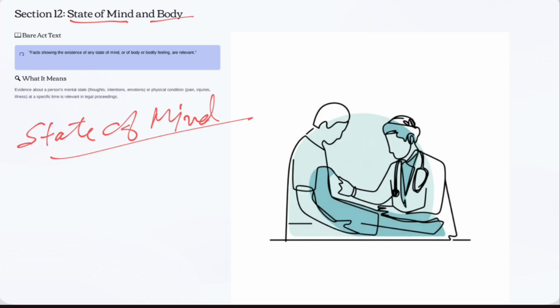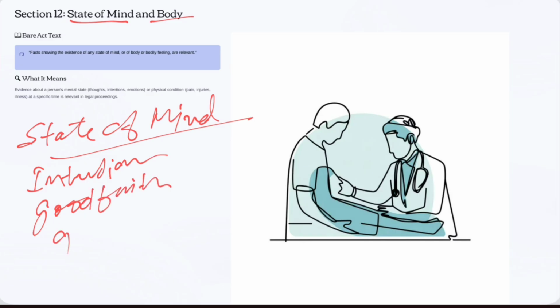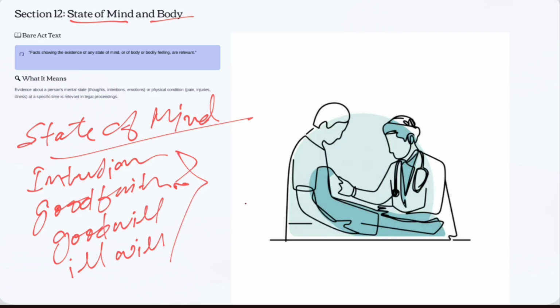For example, if someone has some intention, good faith, goodwill, or ill will towards any particular person, any person, these intention, good faith, goodwill, ill will are all state of mind, and these states of mind are relevant facts and can be proved before the court.